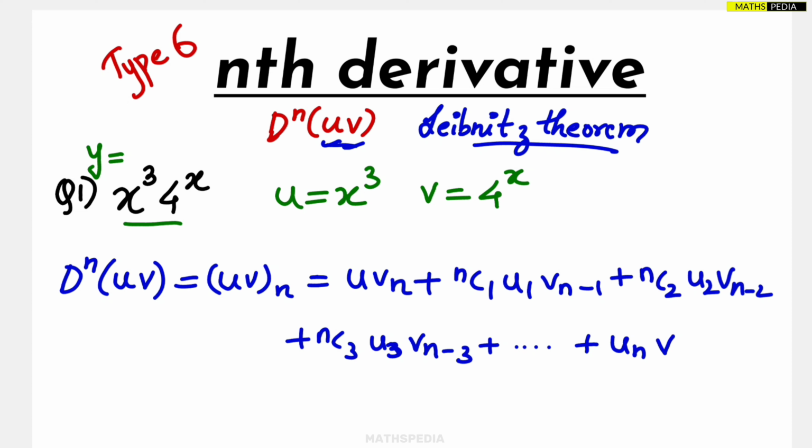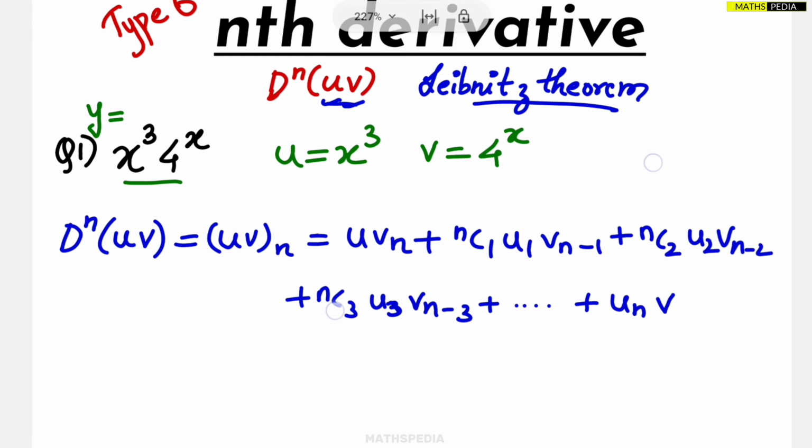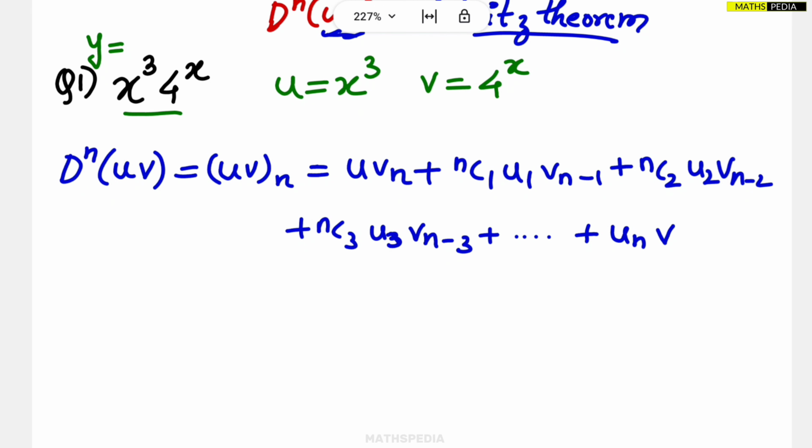Now till which term we have to do in this particular problem? Any problem if you take, we are taking u as a polynomial function, because if u is a polynomial, you can do the successive differentiation, right? For example, in this particular problem, let us discuss that. So u we are having here as x cube.